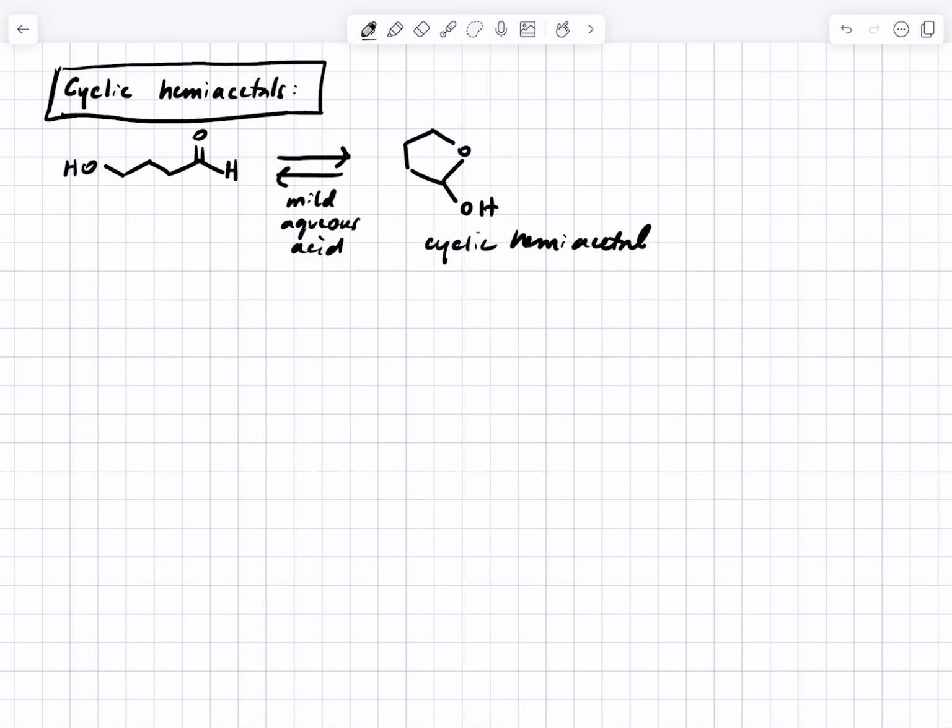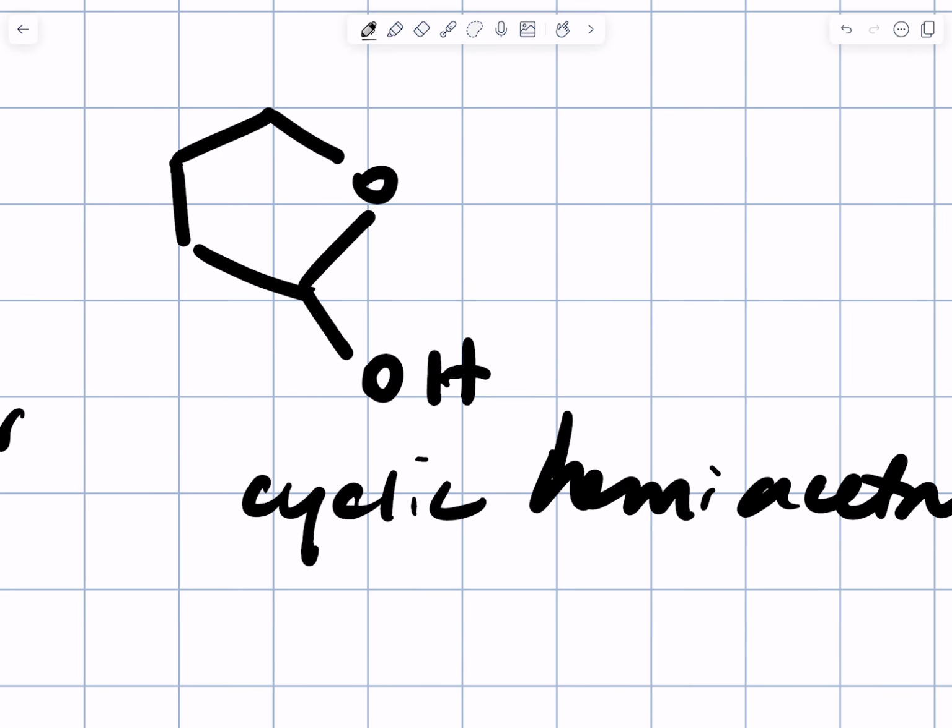Now, let me just show you something, and I've done this in office hours with a few of you, and it was interesting to see the lights go on when you realized what you were looking at, but I imagine this is a challenge for a lot of you. What changes when I draw the molecule like this?